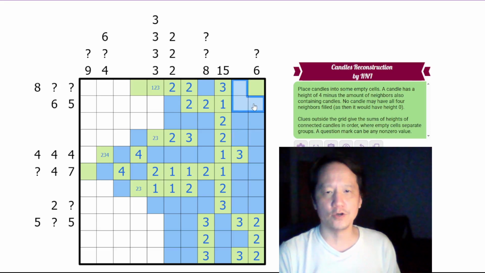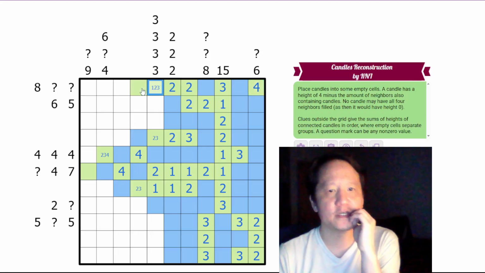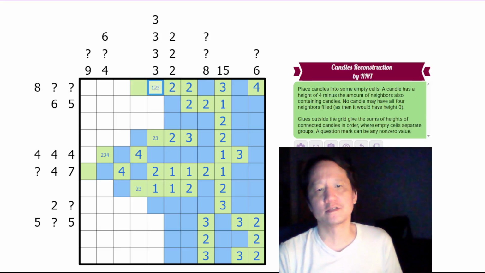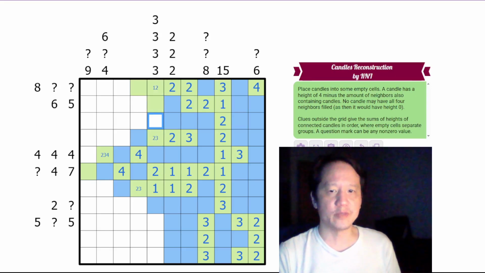This has no neighbors with candles, so this is 4. This has 2 neighbors with candles at least, so this is 1 or 2, which means it must go down here. And it cannot continue here because then that's too many cells. So this cannot be green, because that would be 4 cells trying to add up to 3.